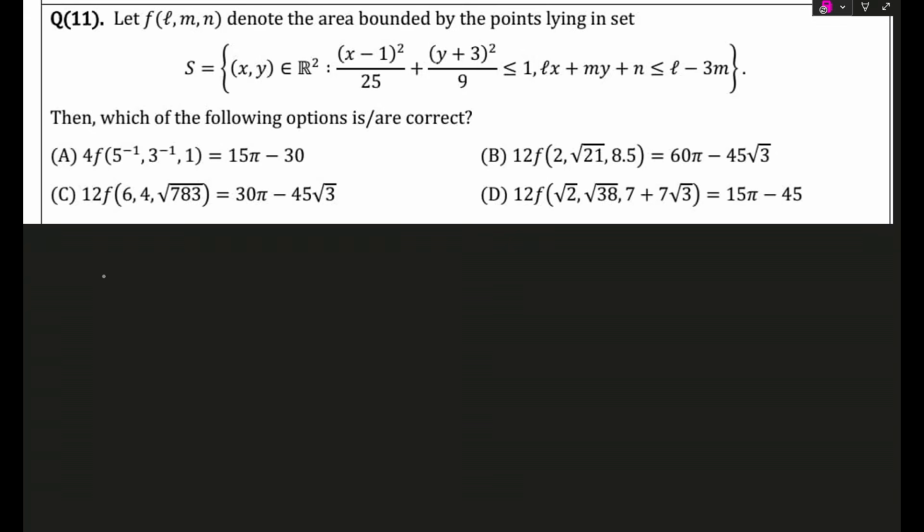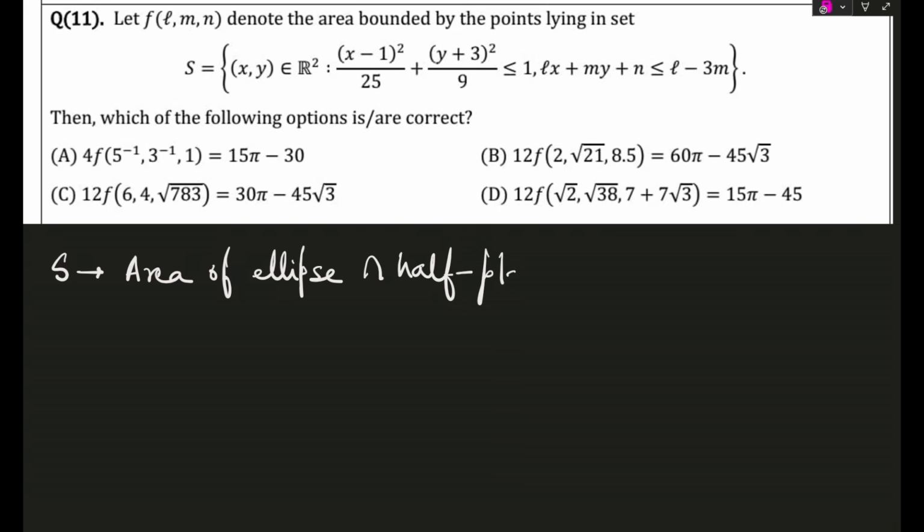So your set S is actually the area of the ellipse intersection with a half plane, right? Why half plane? Because only x and y. That is the area that your set S is actually denoting, right?